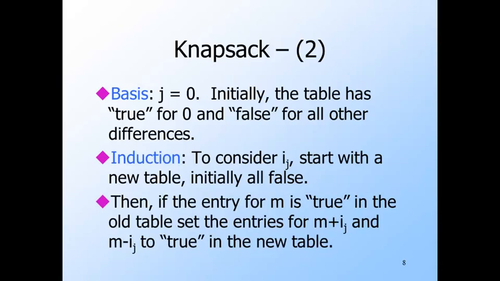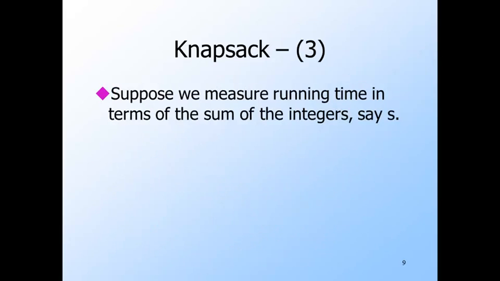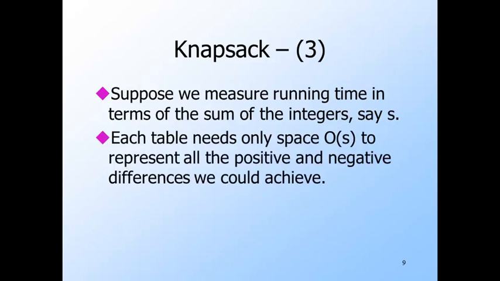For each difference m that was true in the old table, set the entries for m plus I sub j and also m minus I sub j to be true in the new table. Let's compute the running time of this algorithm as a function of the sum of the integers. Let's say that sum is s. We need order s space to construct a table for one value of j, since the differences must be in the range minus s to plus s.